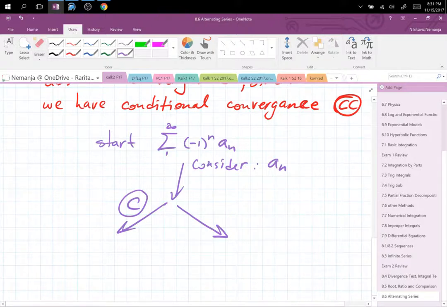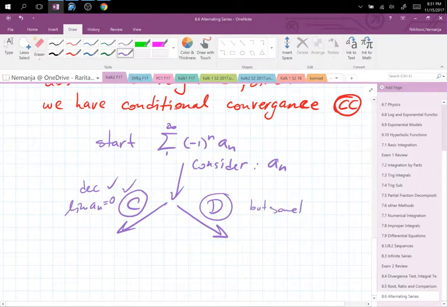So there are cases where if the conditions of a_n decreasing and the limit of a_n equals 0 both pass, you have convergence. If they fail, it could still converge in some cases, but most of the time it's divergent. I kind of want to write divergent on this, but sometimes it converges.